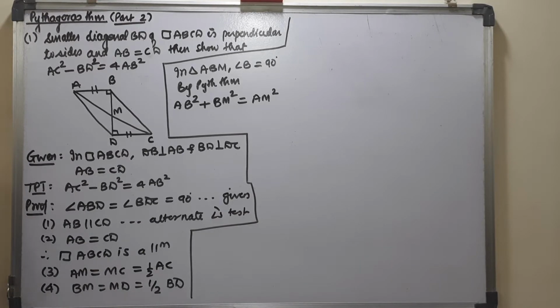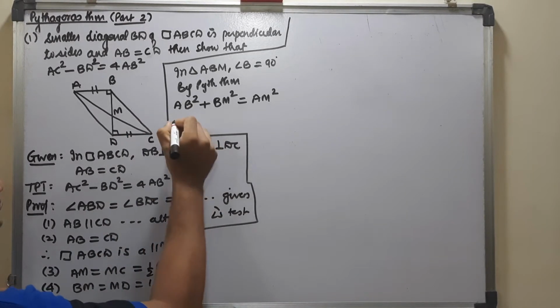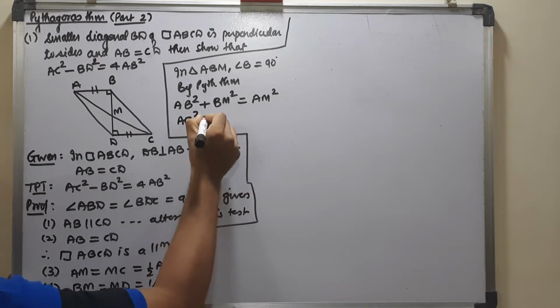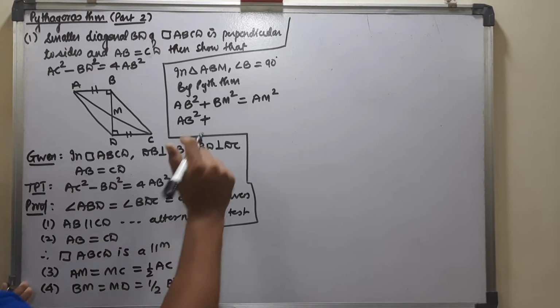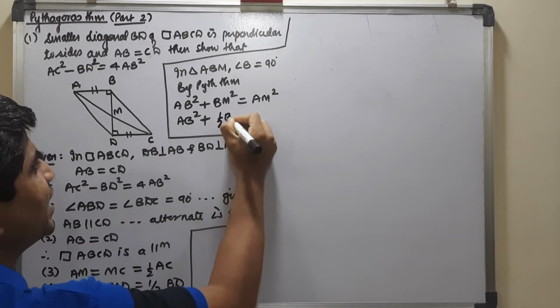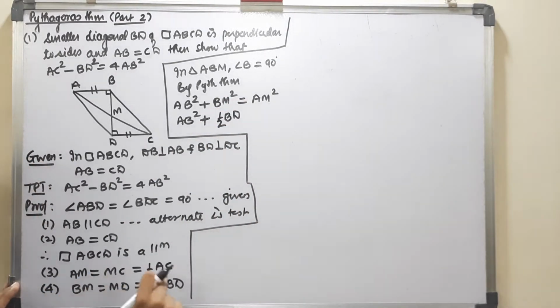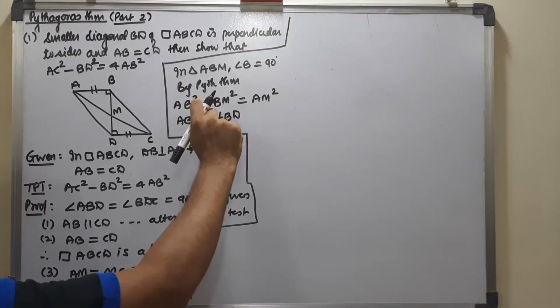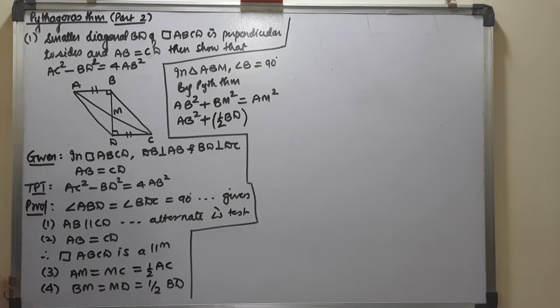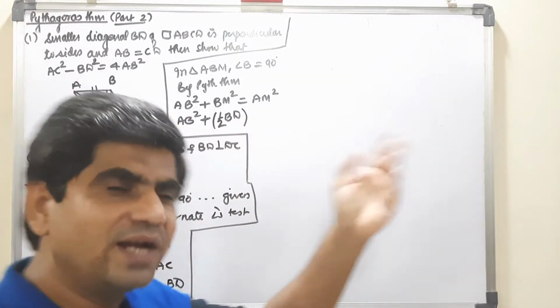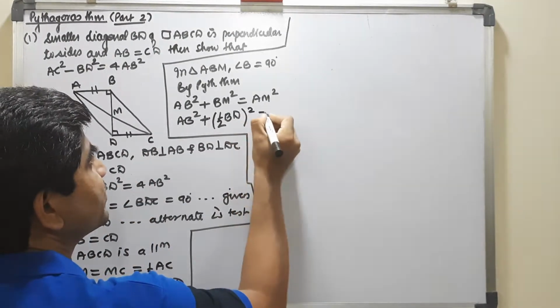Now AB square I do not know, so let it be as it is. But BM is equal to MD, which seems unwanted. I want BD, so I will replace BM by half of BD. Since it is BM square, this will become the whole square of half BD.